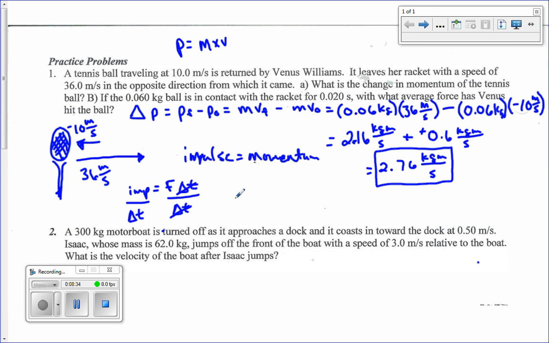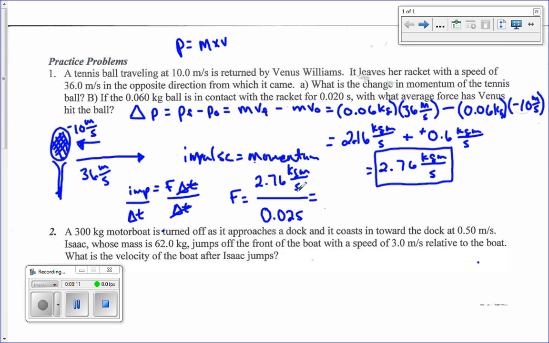So let's plug that in here. Force is given by 2.76 kilogram meters per second divided by, what's our change in time? 0.02 seconds. What happens with this unit? We have a kilogram meters per second divided by seconds. In this case, they don't cancel.